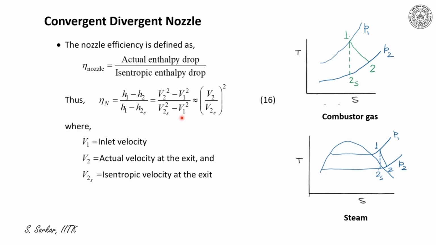Now often V1 is neglected in comparison to V2. Thus this can be approximated as (V2 by V2s) whole square. Thus nozzle efficiency is represented by equation 16, where V1 is the inlet velocity, V2 is the exit velocity from the nozzle, and V2s is the isentropic exit velocity.